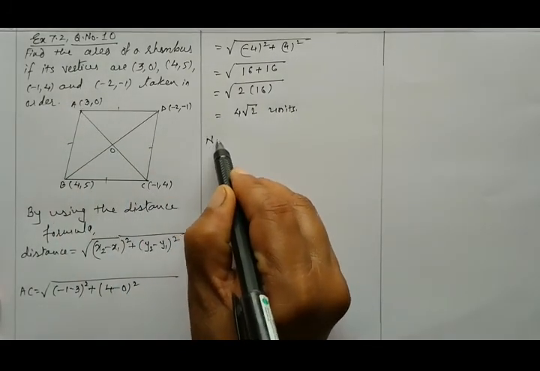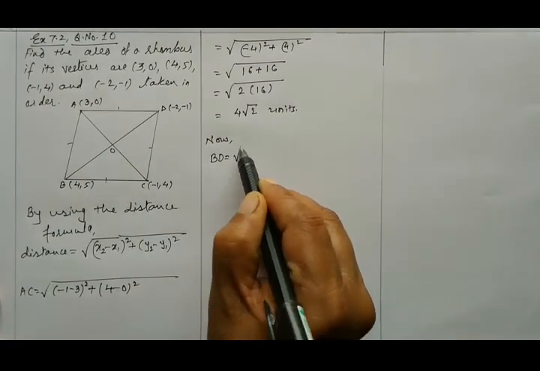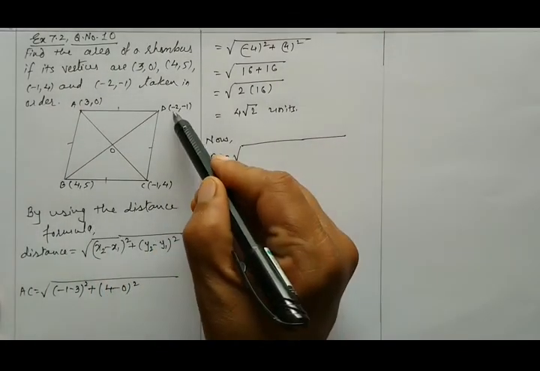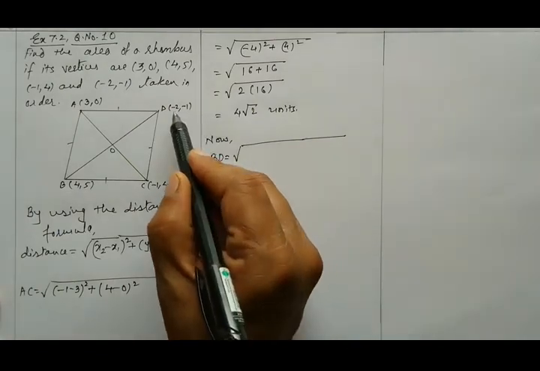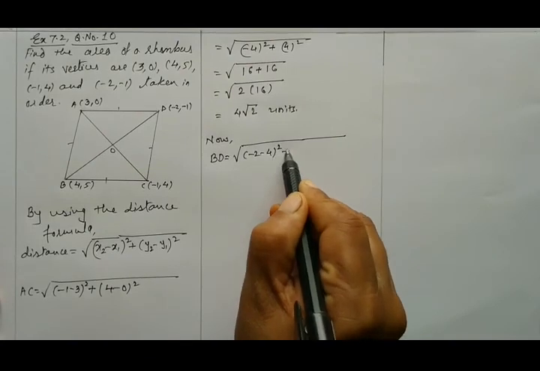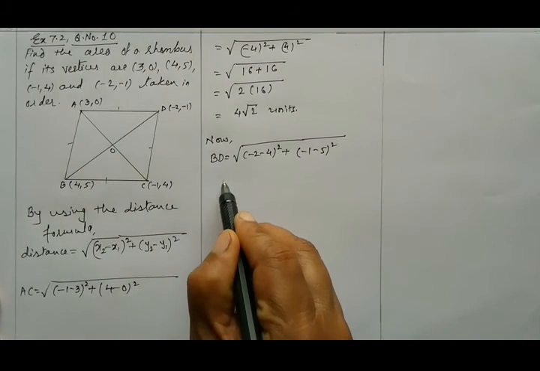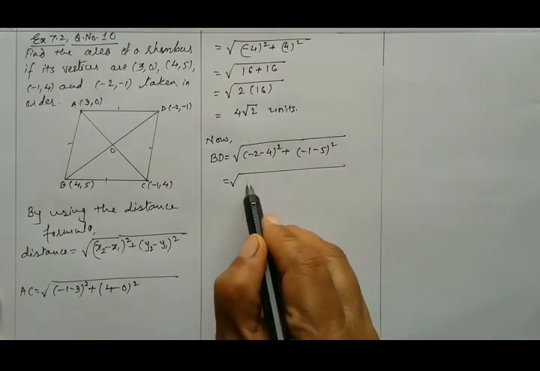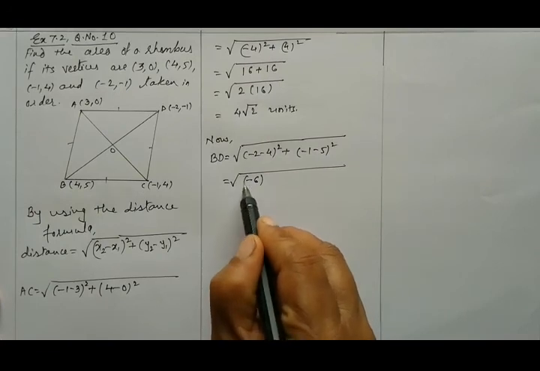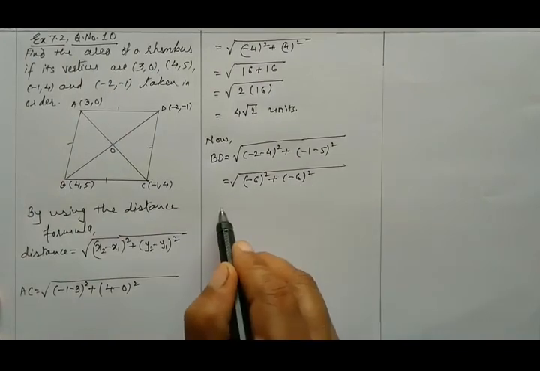Now you calculate BD. For BD you consider this as x1 y1 and this as x2 y2. So (-2 minus 4) whole square plus (-1 minus 5) whole square, which is (-2 minus 4 means -6) square plus (-6) square.